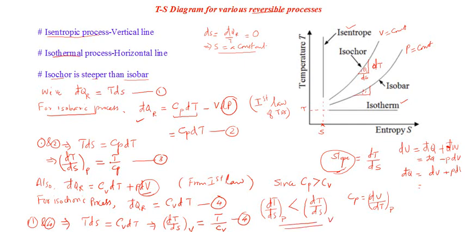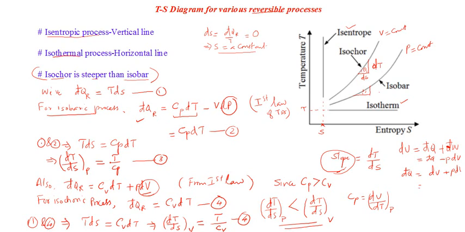The slope for the isobar should be lesser than the slope for the isochore; this statement is proven. Remember, in the TS diagram in general, for the same system, the isochore will always be steeper than the isobar. Remember it as a fact.